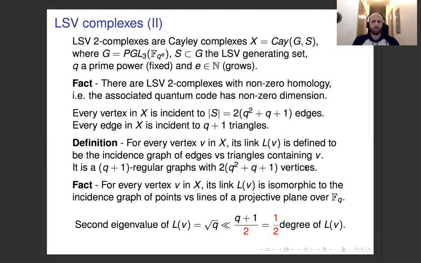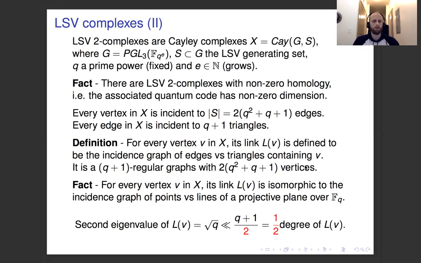And a next fact, which I won't dwell upon, is that we can find among all LSV complexes families of complexes with non-zero homology. So we get quantum codes which are non-trivial.